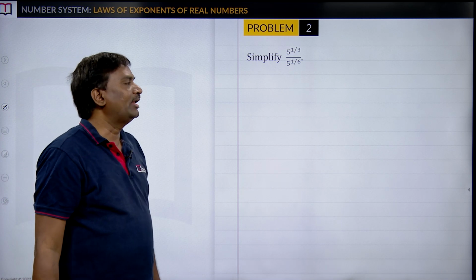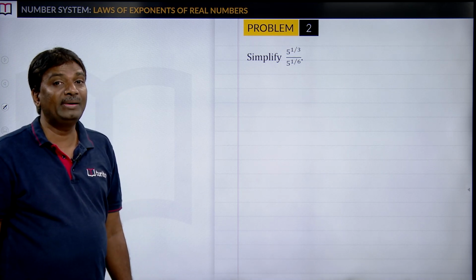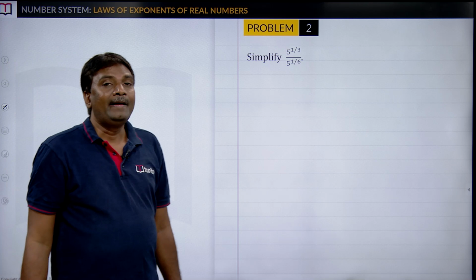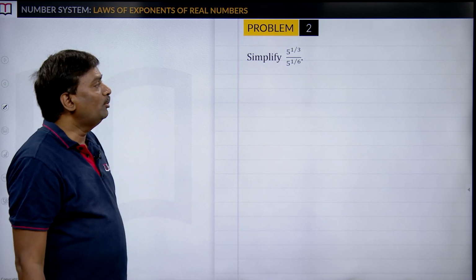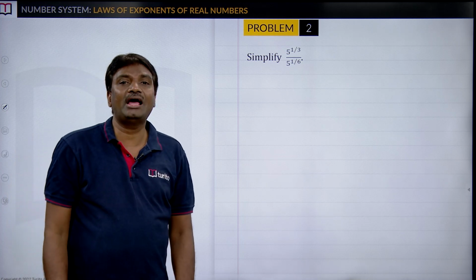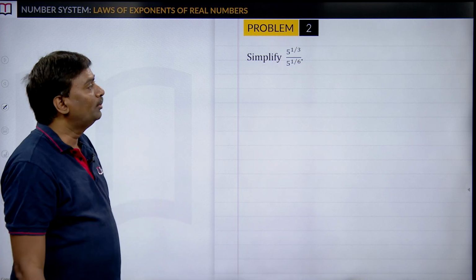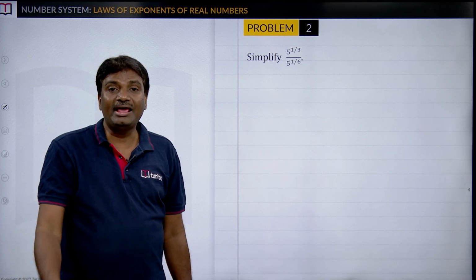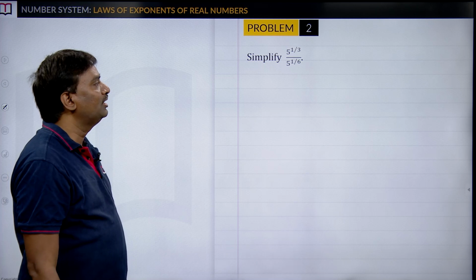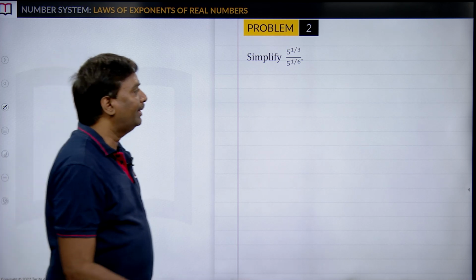Simplify 5 power 1 by 3 by 5 power 1 by 6. By observing this fraction, in numerator and denominator we have the same base, 5, 5. But we have different powers, 1 by 3 and 1 by 6.